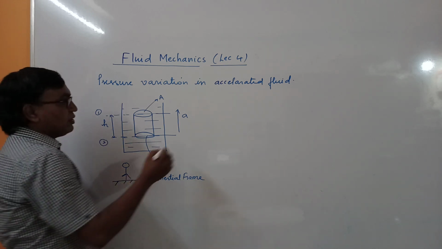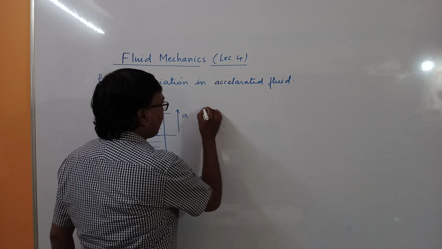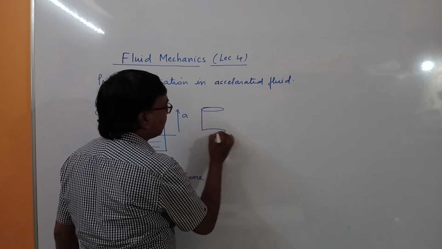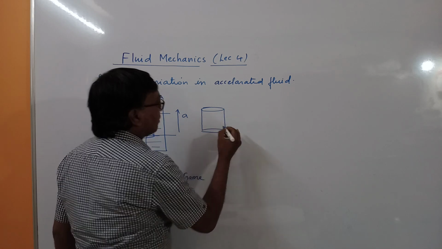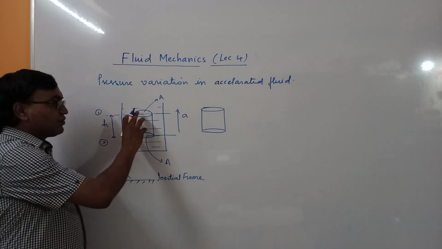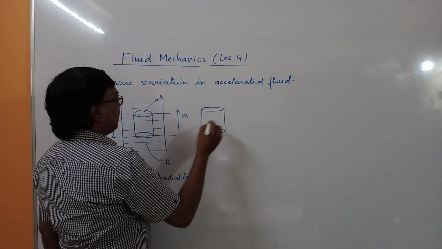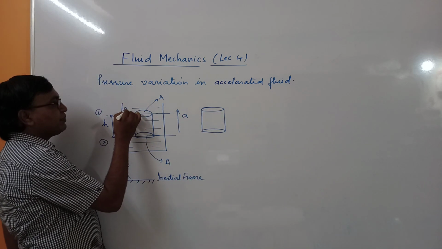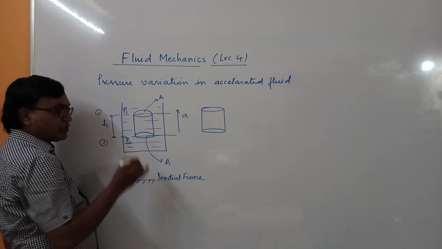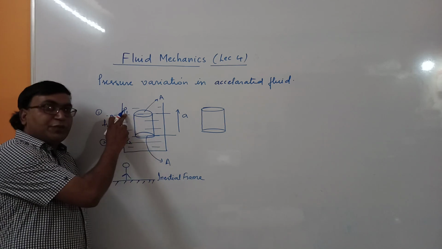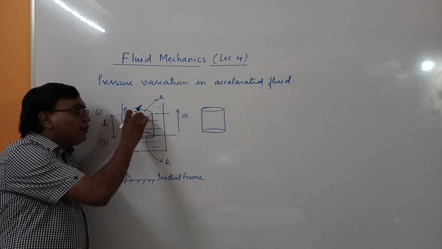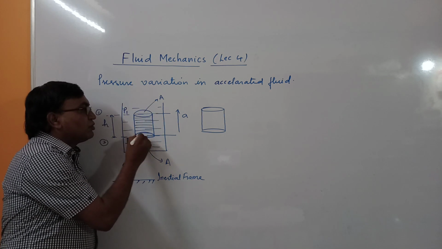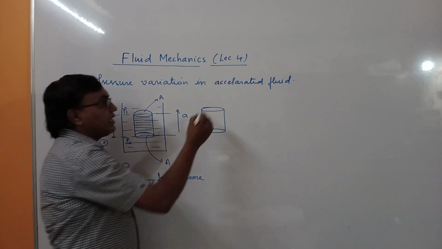Now suppose I take this fluid outside the container. The pressure at this point is P1, and here the pressure is P2. This pressure P1 will apply a force on this fluid that we are observing, in the downward direction.